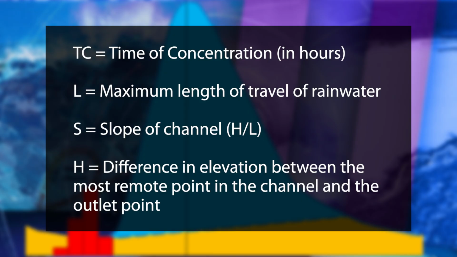On a hydrograph, it is represented as the interval between the end of the effective rainfall and the inflection point on the recession limb, where Tc is time of concentration, L is maximum length of travel of rainfall, S is slope of the channel, and H is difference in the elevation between the most remote point in the channel and the outlet.